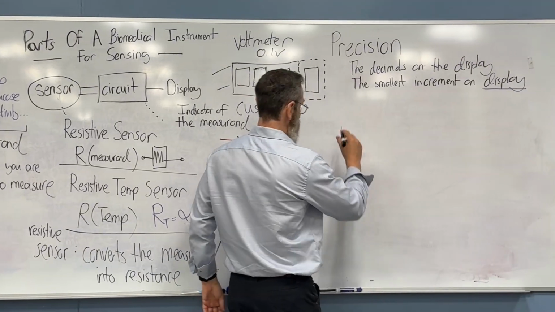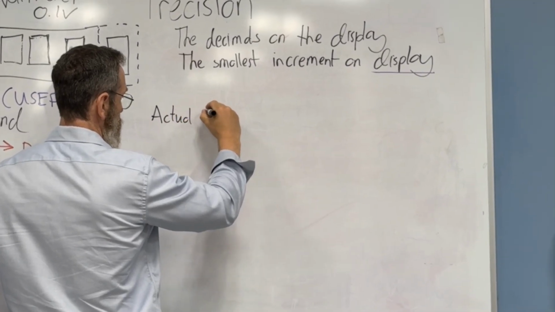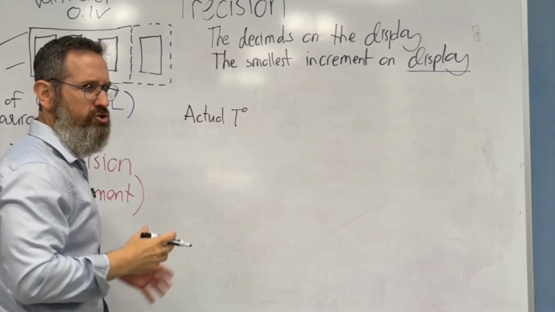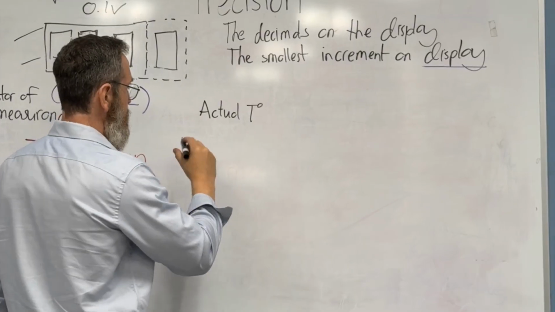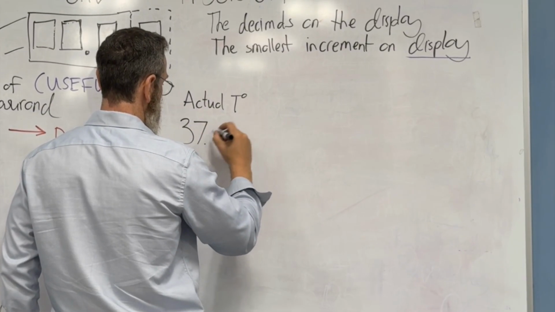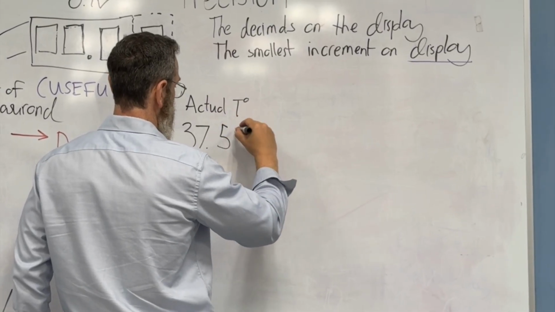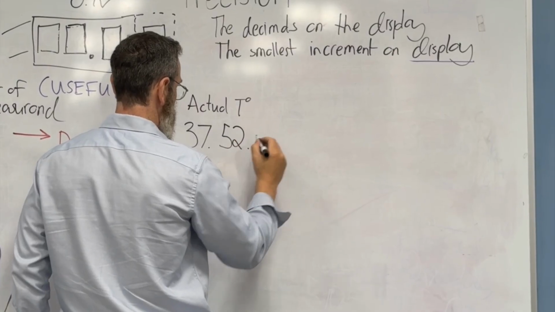I want to consider a situation where the actual temperature, the true temperature, is 37.52, and it goes on and on.